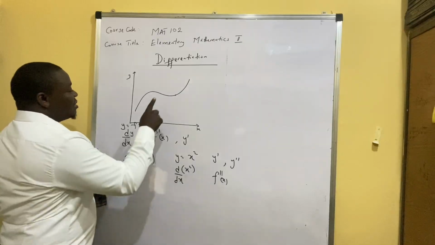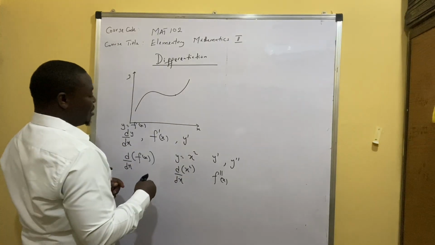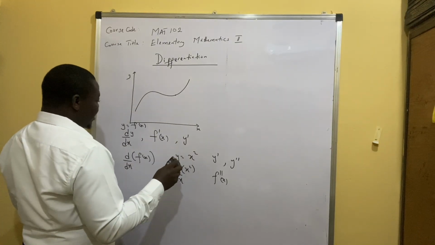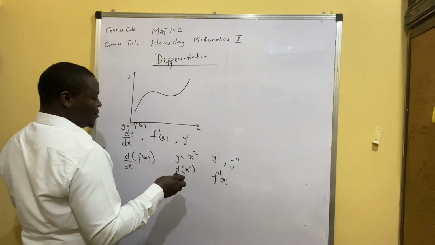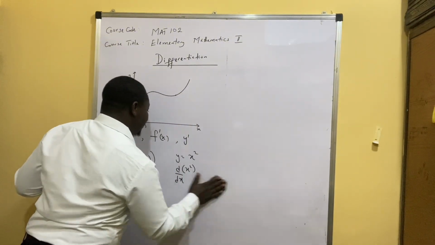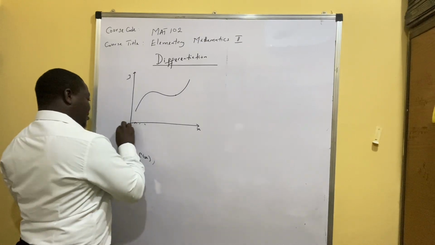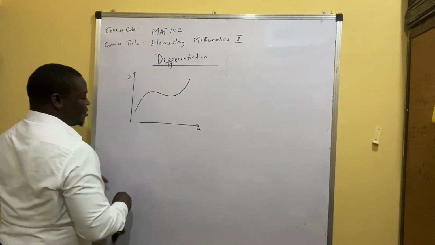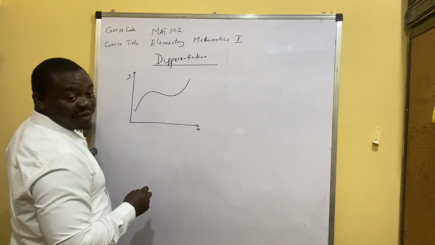Now, the gradient of a curve at a point, which we call the instantaneous derivative or instantaneous change, is denoted by a very simple formula that is linked to limits.